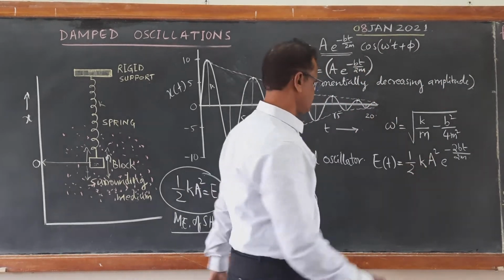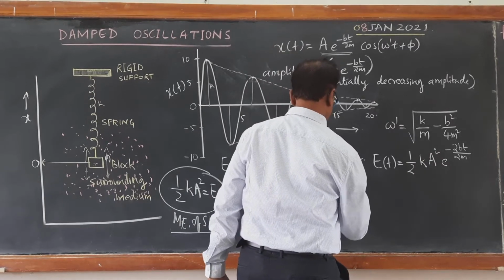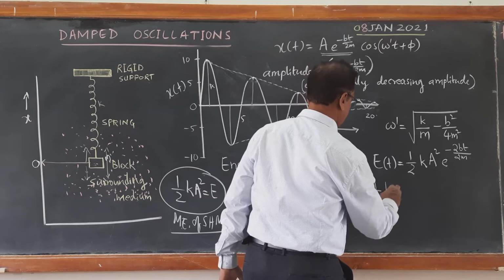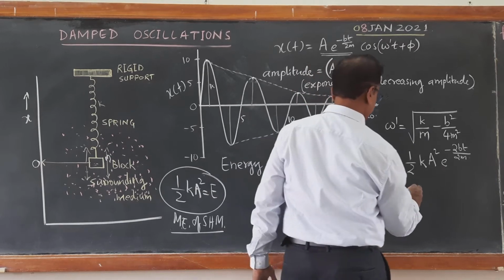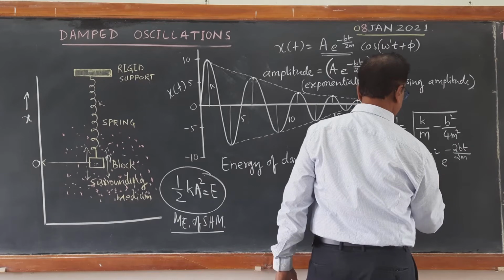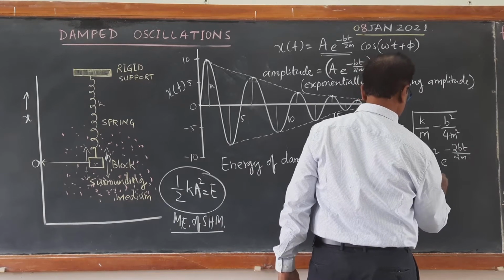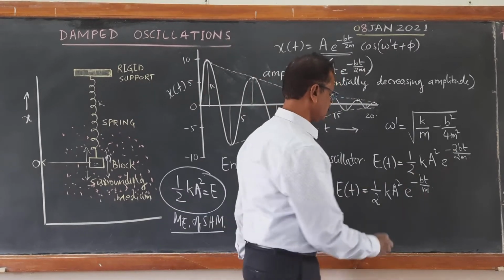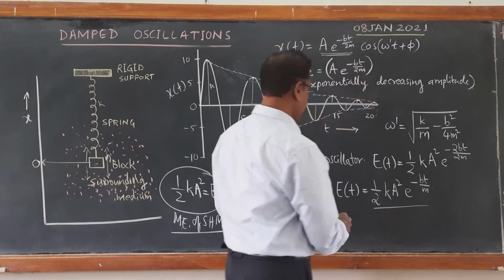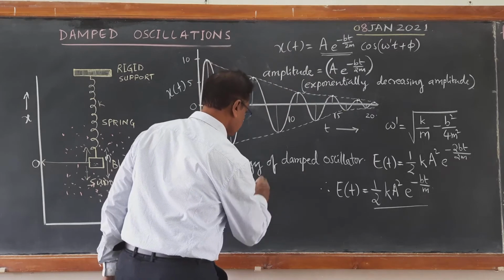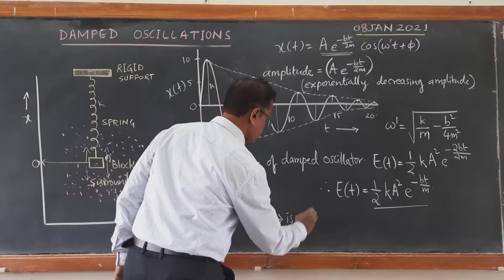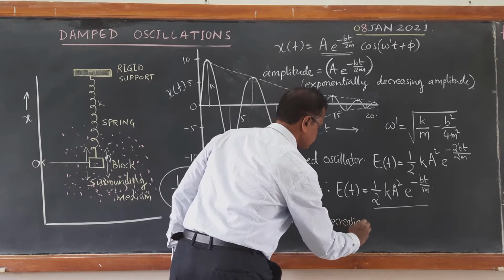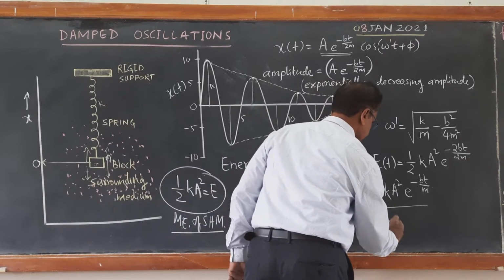So 2 cancels. Therefore, the energy of a damped oscillator is exponentially decreasing: half k A square into e to the power of minus bt upon m. So this implies that the energy is also decreasing exponentially.